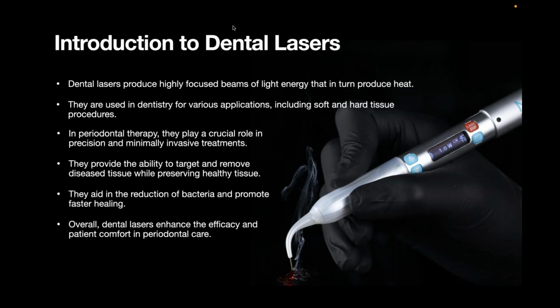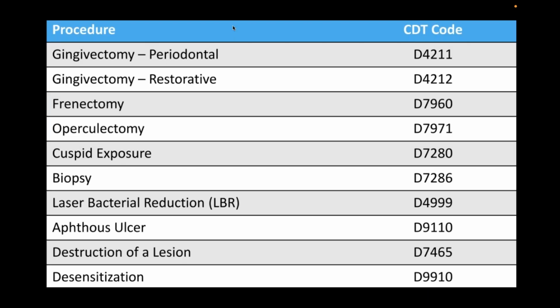So there's a myriad of different procedures that we can use them for in dentistry. I have a table right here of different codes, or different procedures, that we can use the laser for. So we can use them for gingivectomies, whether they're periodontal or restorative. Frenectomies are huge, whether labial frenectomies or lingual frenectomies, cuspid exposure or third molar exposure.